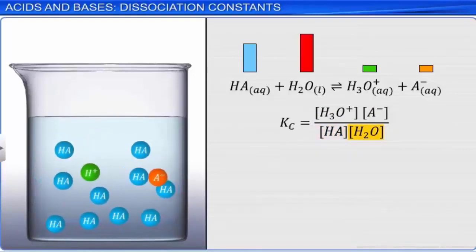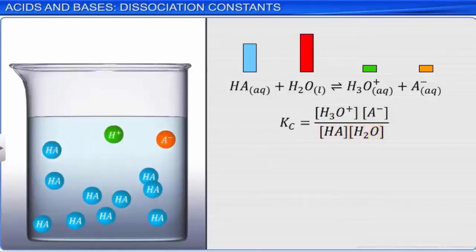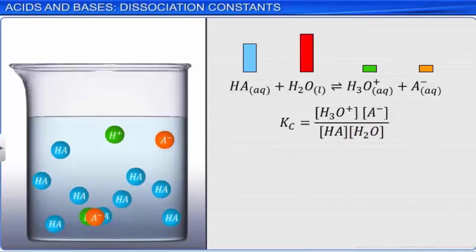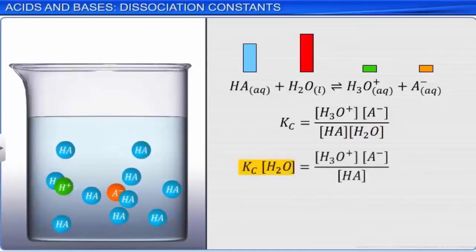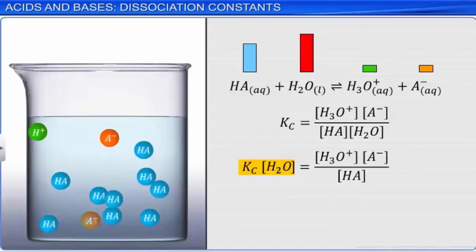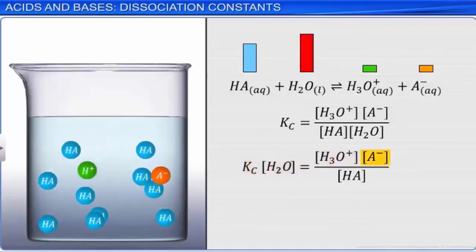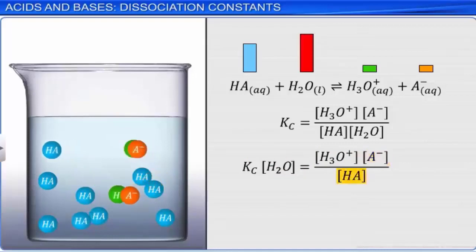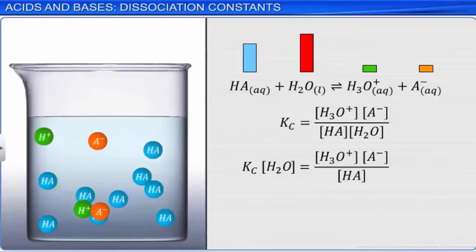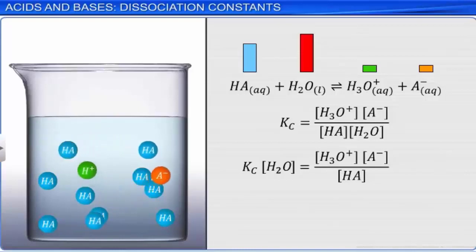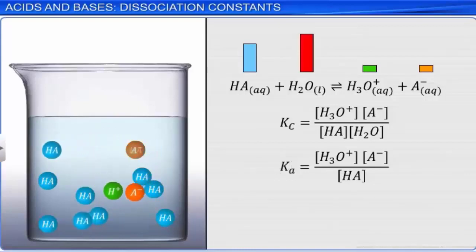Hence, it may be written as Kc into H2O is equal to the product of concentration of H3O plus and A minus ions divided by the concentration of HA. Since Kc and concentration of water both are constants, their product is also constant, and it can be taken as Ka, that is, Ka is the dissociation constant of weak acid.